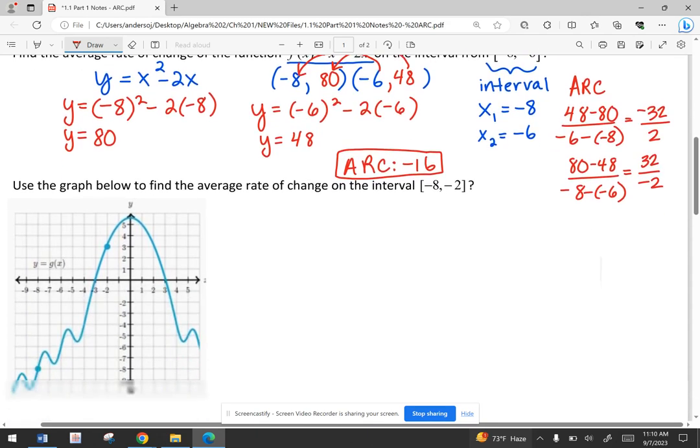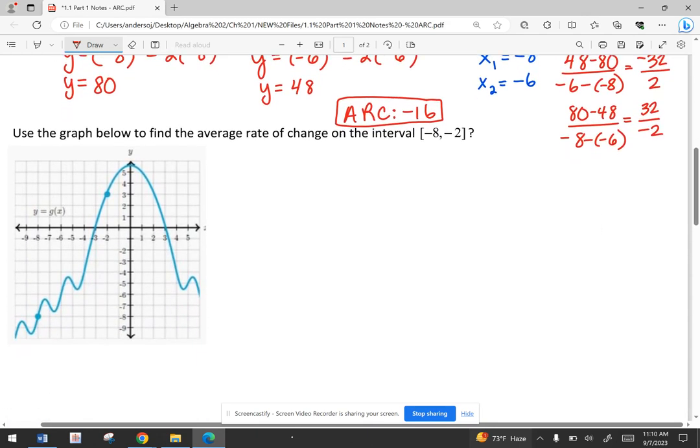So this last example that we're going to look at says use the graph below to find the average rate of change. When you look at this, we're kind of combining the last example that we did. So again, here we have an interval notation. So what it's saying is x is equal to negative 8, the first x, and the second x is equal to negative 2.